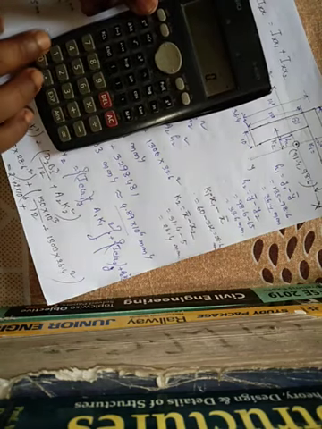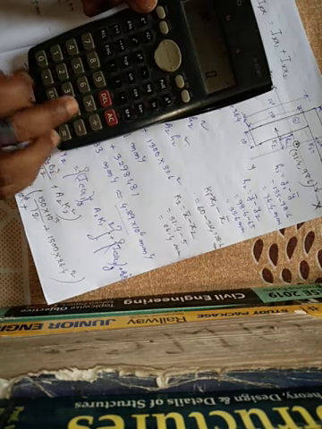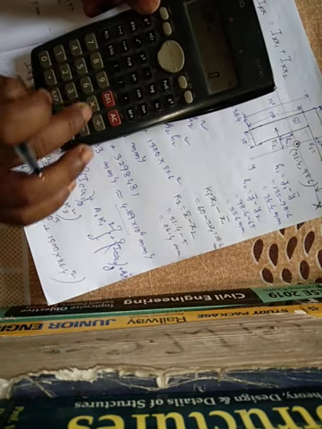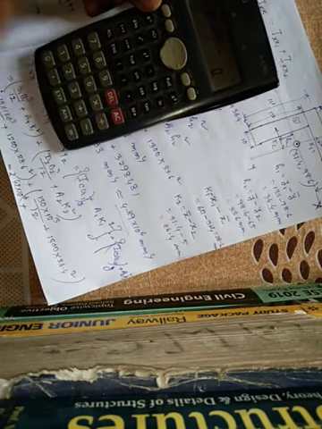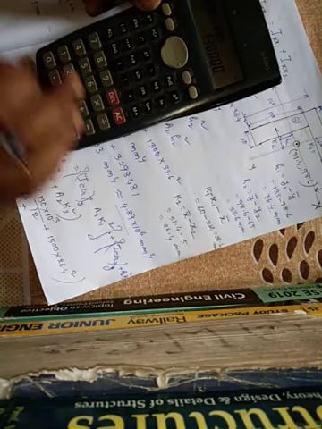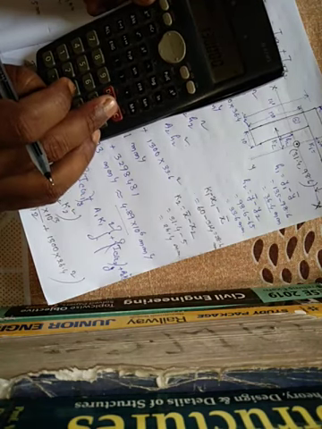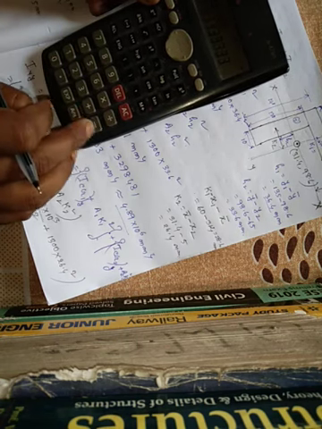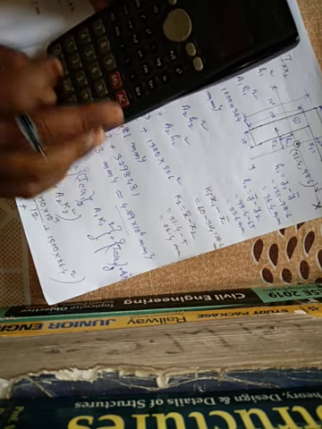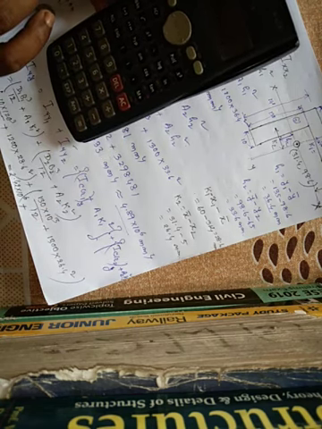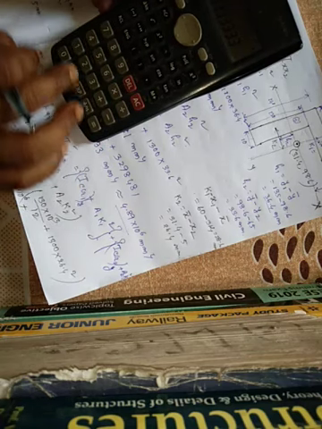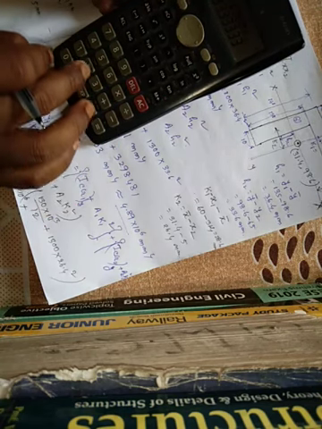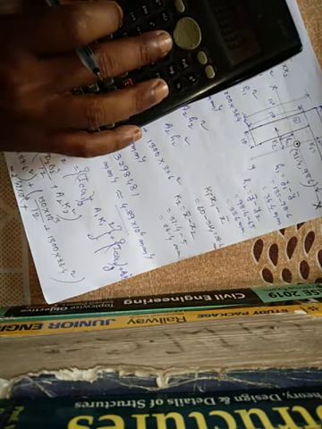Let me calculate it again. 130 into 10 cube divided by 12 plus 1300 into 26.4 square.